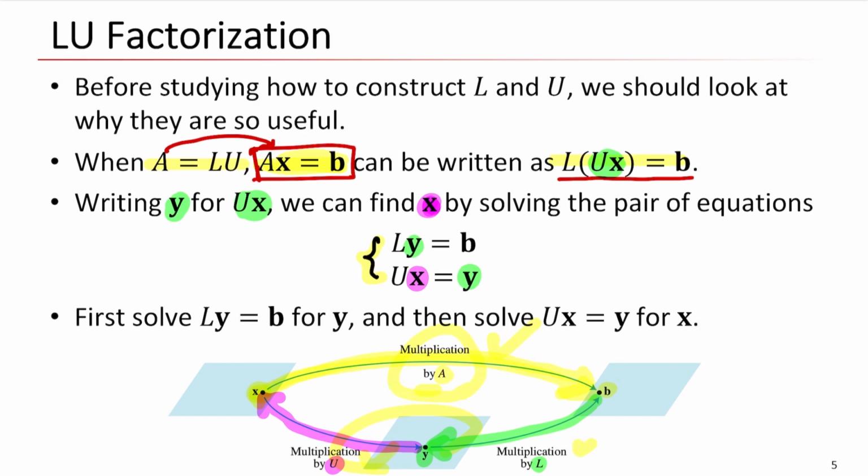But the answer is no. Why? Because of the property of matrix A, matrix L, and matrix U. I mean, the shape of the matrices L and U makes the problem-solving procedure easier than Ax equals b. Okay, let's see why.